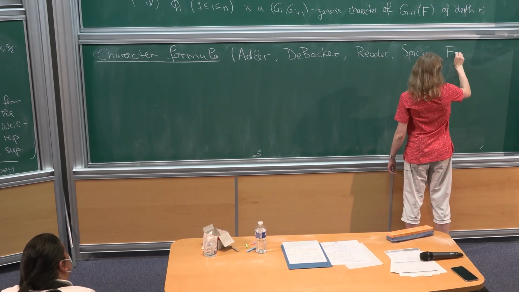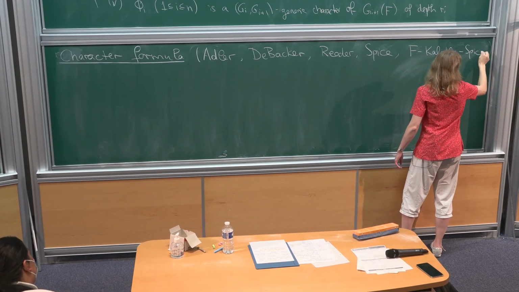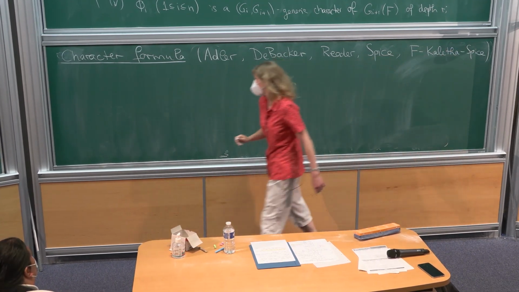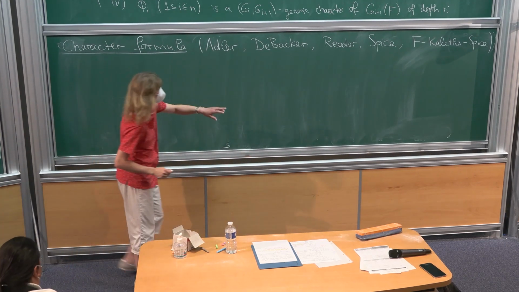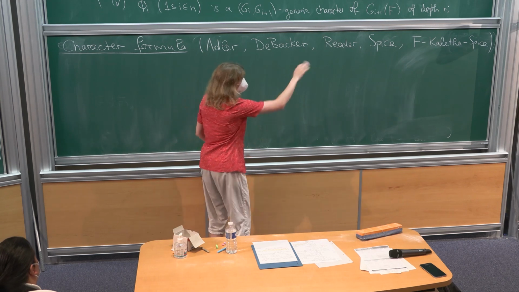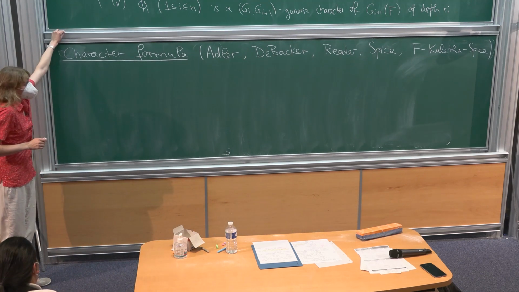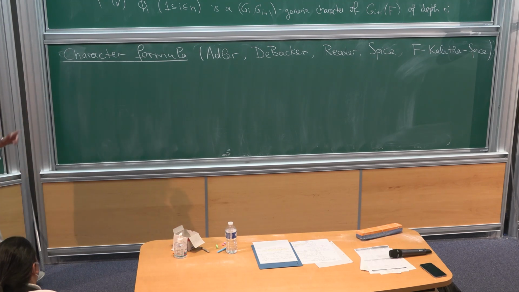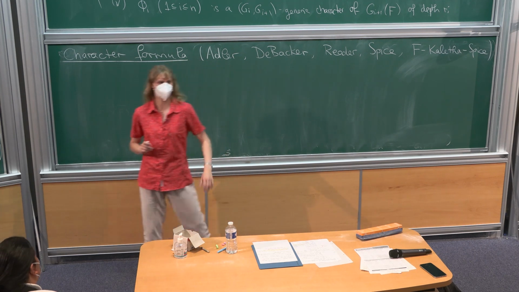And I guess the final statement is, well, now it's no longer alphabetical, but that's fine. That's just where the final statement appears. And well, Tasha Kaletha, I guess I should put him, he's quite often on the board. Forgive me, Tasha. So Tasha has studied special cases, but these people have extensively studied all kinds of versions of character formula.